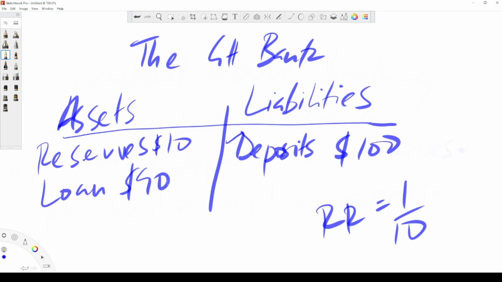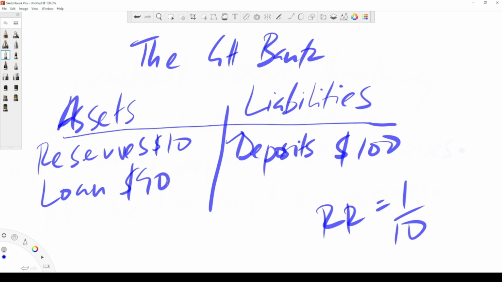Now this also leads to the concept of the money multiplier, which is simply the reciprocal of the reserve ratio, but I'll talk about that in a different video. So the GH Bank is running this fractional reserve banking system.